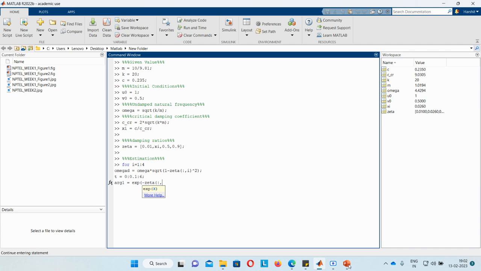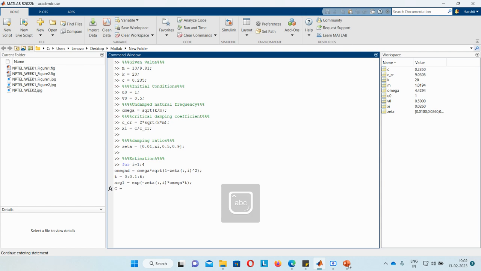I will take one value at a time, so again zeta comma i to take one value at a time, times omega n. Omega n we know, initially we have estimated that, times time. So time we have defined t is equal to 0 to 6 with a 0.1 interval. Okay, so this is how we determine the first parameter.